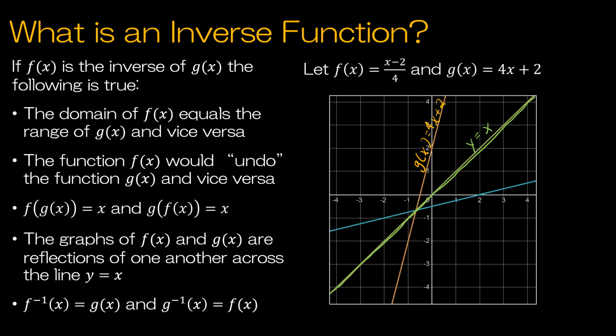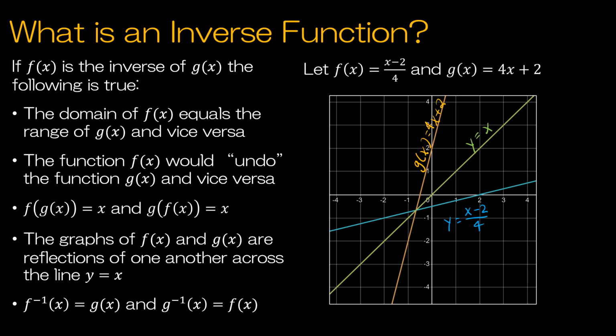And the blue line is (x minus 2)/4. And we can see that if I take this line and reflect it across the y equals x line, it does, in fact, reflect. So these are reflections of one another.